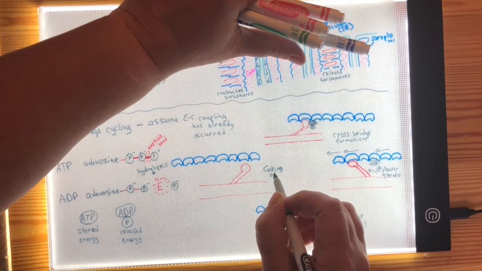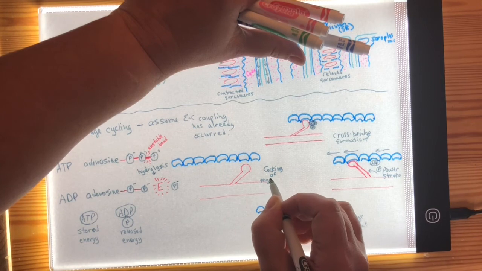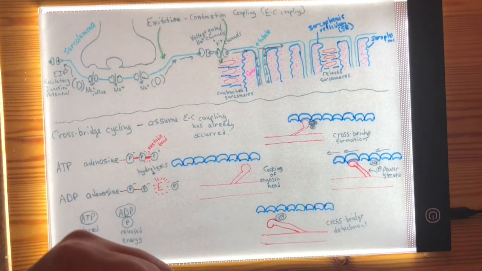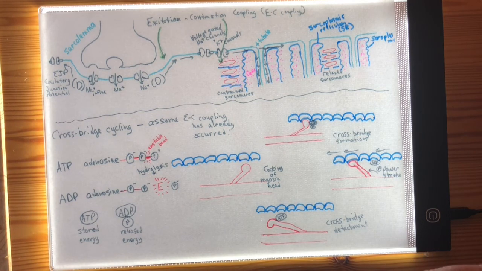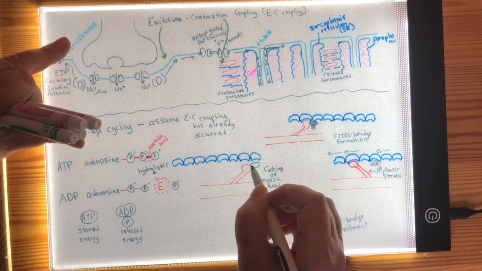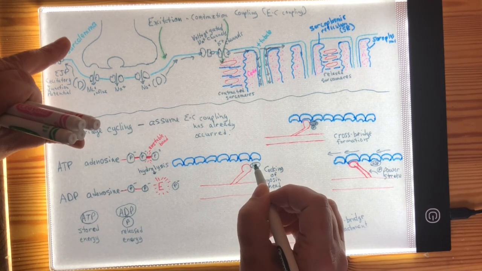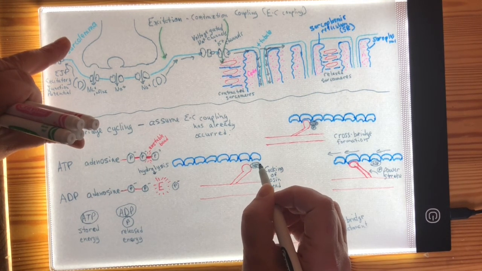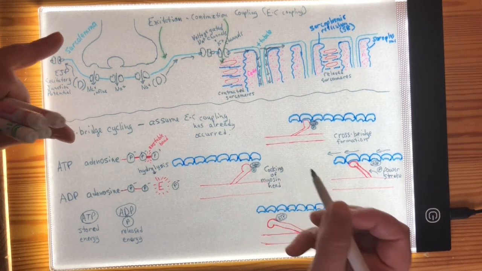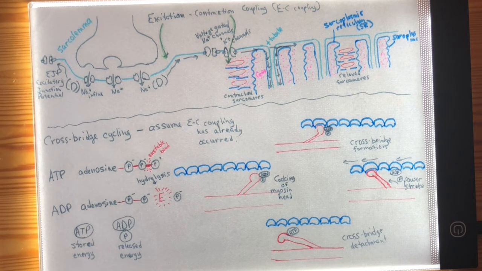But now we're going to cock the myosin head backward. Now, how did that happen? It turns out the cocking of the myosin head is its high energy configuration. And the way that we put energy into a system, if you revisit the ATP story, is we go ahead and hydrolyze the ATP to ADP and inorganic phosphate. And this is the cocking of the myosin head.